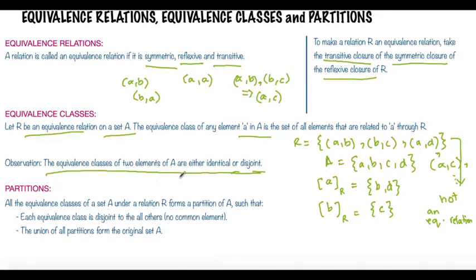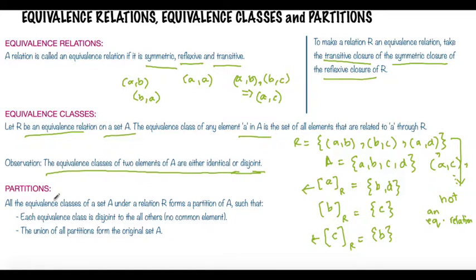We will come back to this observation shortly. Note that here, if we find the equivalence class of C, for example, it is equal to B. So this set is neither equal nor disjoint to the other one. This is another indication that this is not an equivalence relation.